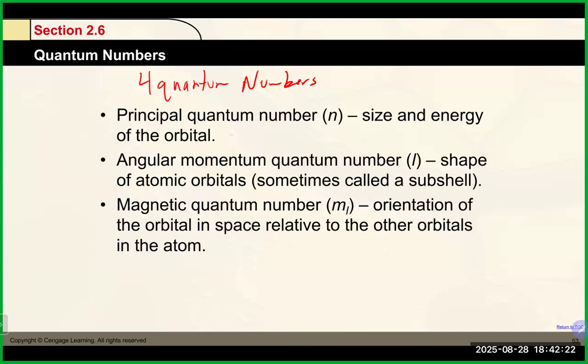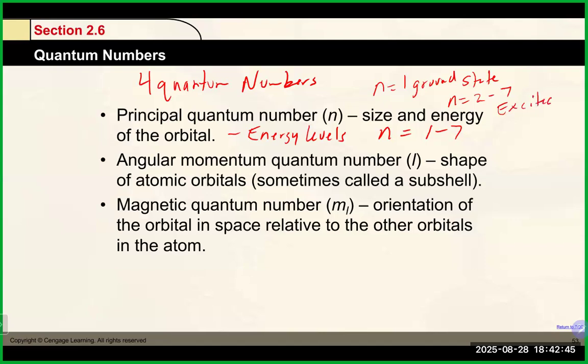For lack of a better description, it is the energy levels, as we talked about. n could have values of 1 through 7. As we talked about earlier, n equals 1 is the ground state, the lowest energy you could have, closest to the nucleus. Everything above that is considered an excited state, which means it's higher in energy and further away from the nucleus.